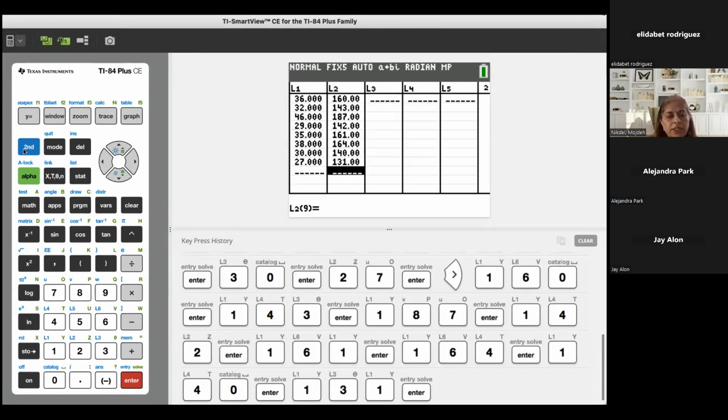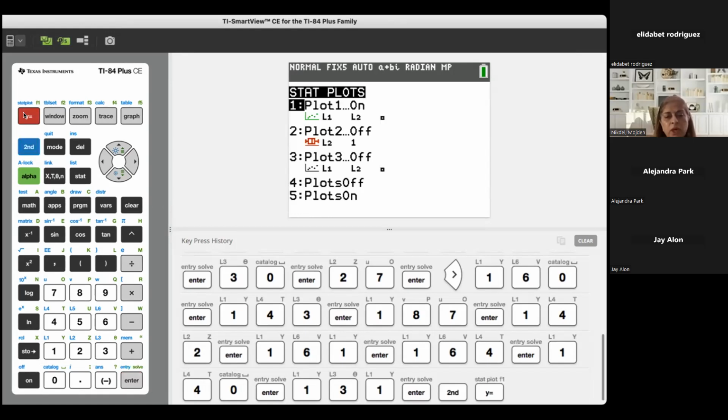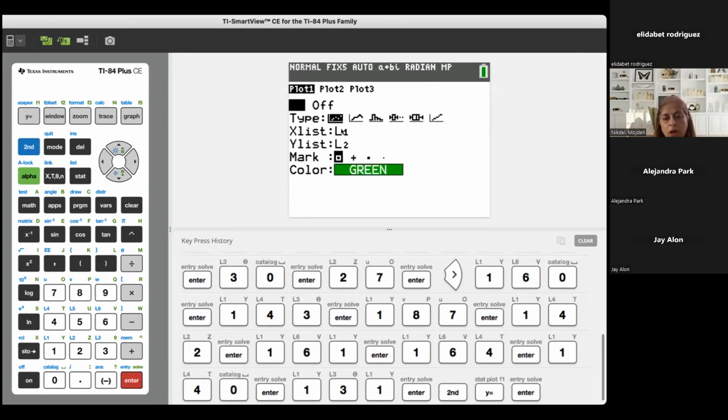Our stat plot is already set, but let me remind you one more time. Second Y equal gives me the stat plot window. I chose number 1, and I'm going to keep it on scatter plot, list 1, list 2, mark.